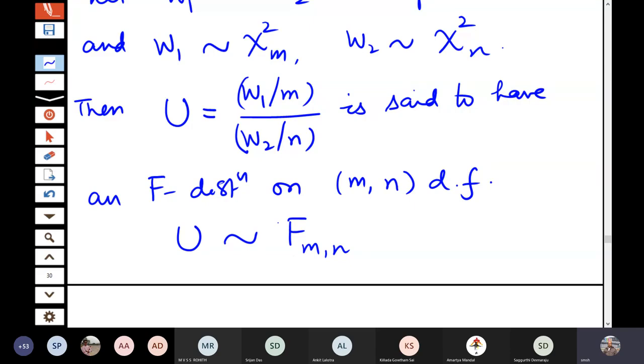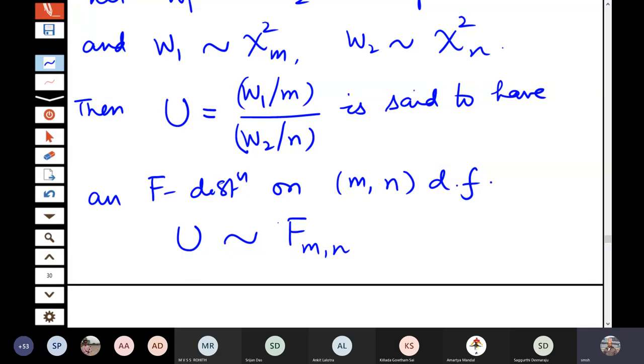Once again, the distribution of U can be determined easily, because you can write down the distributions of W1 and W2. They are independent chi square, so the joint density can be written. Again, make the transformation: U is equal to W1 by m divided by W2 by n, and V is equal to, say, W2.